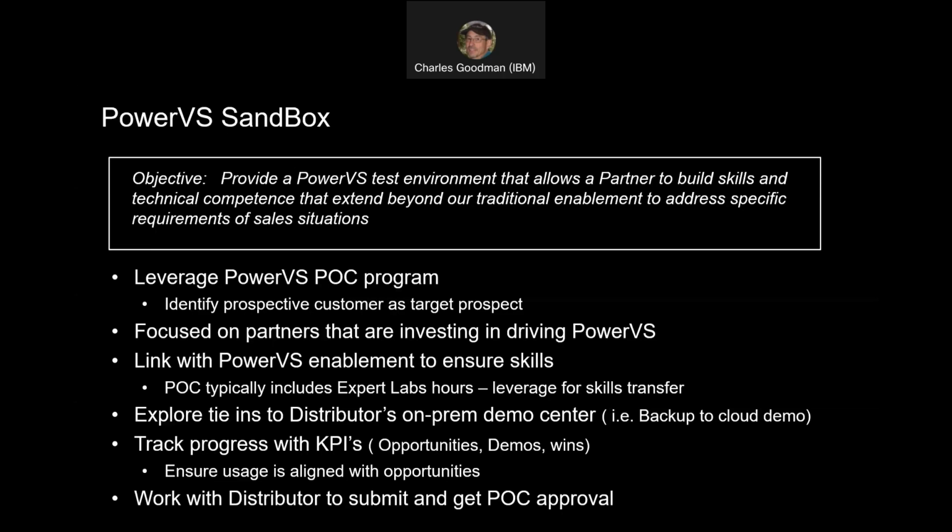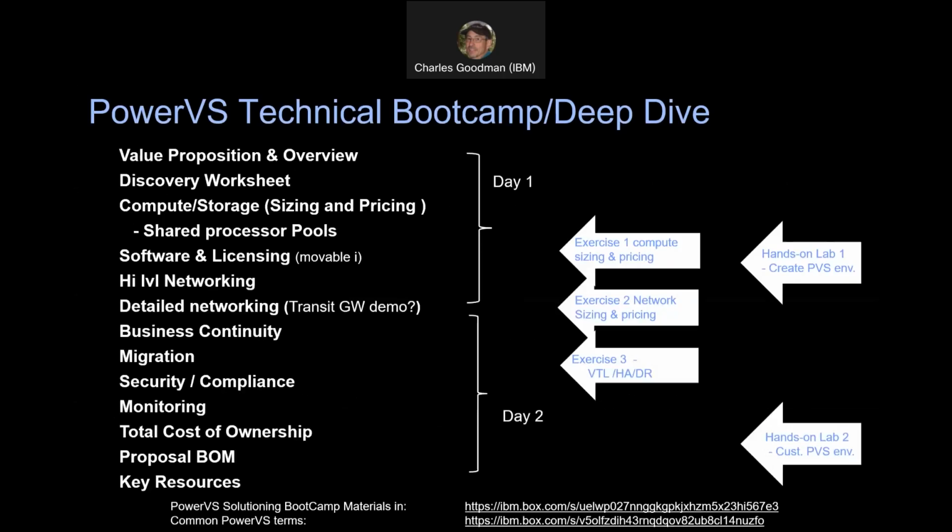And to help you go down that path a little bit more, we have some enablement that we offer. We have a Power Virtual Server technology deep dive, and we've offered everything from webinars that we've done with partners all the way to in-person, face-to-face 2-day workshops.